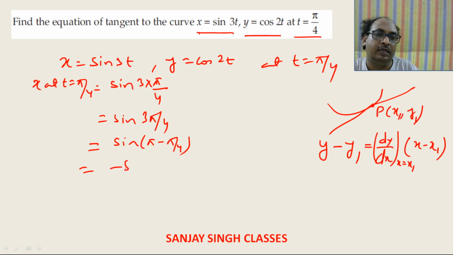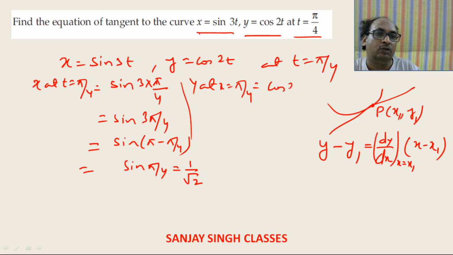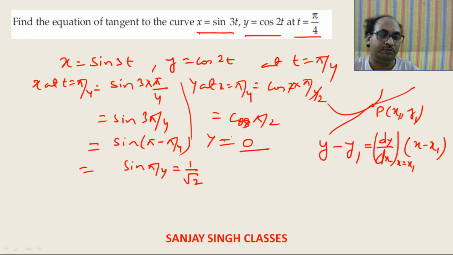It is plus only, because it is in the second quadrant, sine pi by 4, and it is giving us 1 by root 2. Similarly, y at t equal to pi by 4 is cos 2 into pi by 4, which is cos pi by 2 equal to 0. So y is equal to 0.